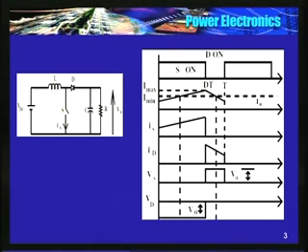And what is the voltage across the diode when the switch is conducting? It is V0 itself, because when the switch is conducting, there is a short here. So this point gets connected here. V0 appears across D, or minus V0.